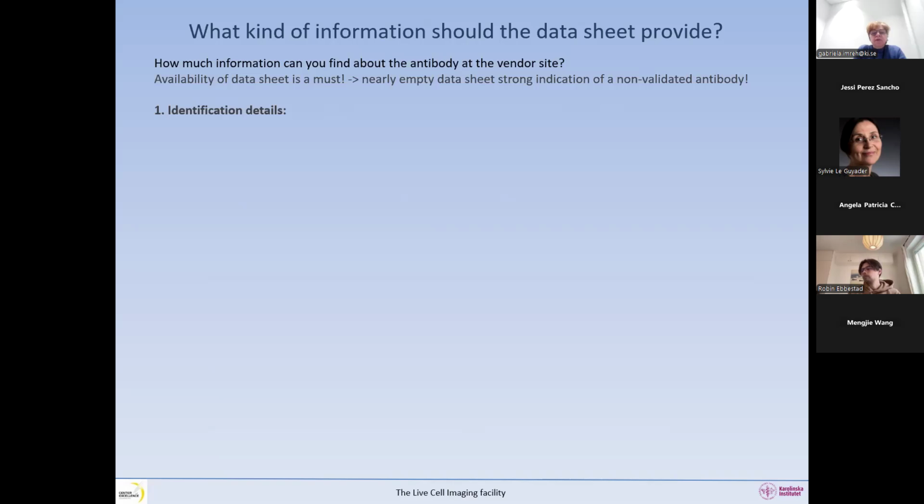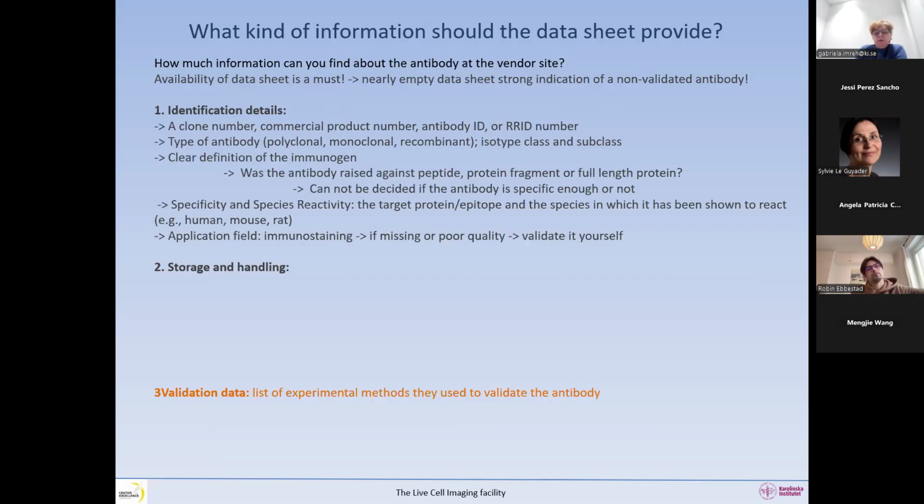So there are a few things that are a must, and they should be on the data sheet: identification details, storage and handling, and validation data. The minimum information included in the identification details is, of course, the clone number or the commercial product number, antibody ID or RRID number, so you can always go back and look up or search for this particular antibody.